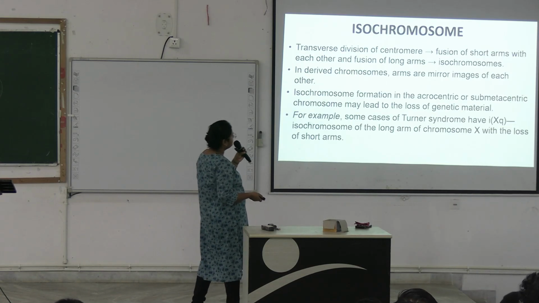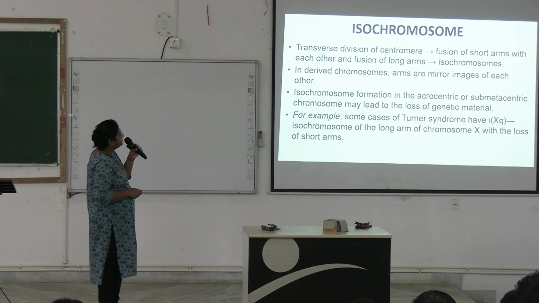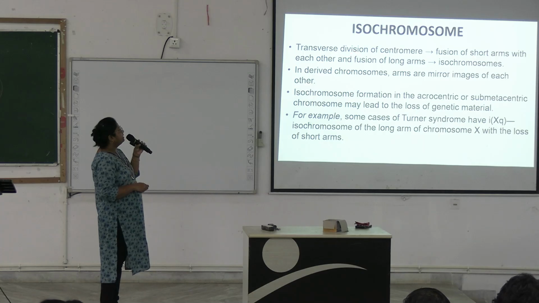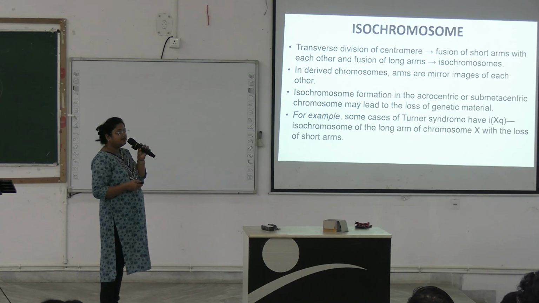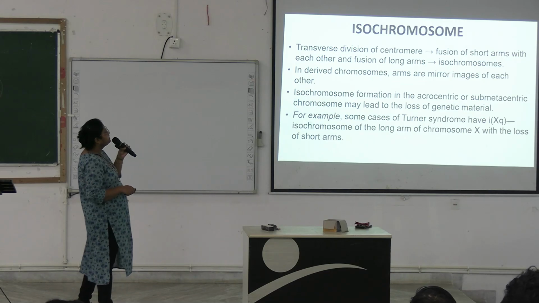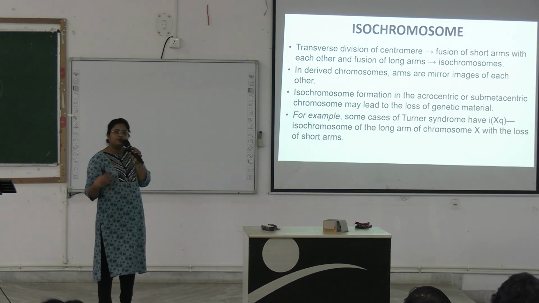Next. Isochromosome: transverse division of the centromere, fusion of the short arms with each other and fusion of long arms with each other leads to isochromosomes. In an isochromosome, the arms are mirror images of each other. Both are P arms or both are Q arms.